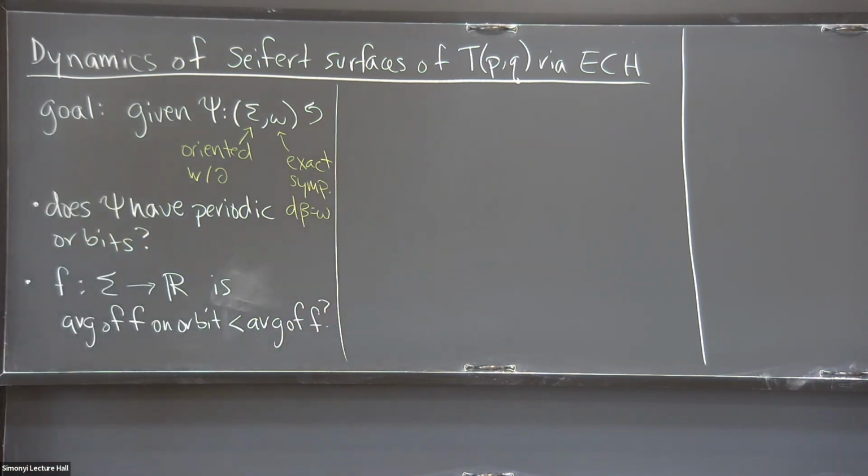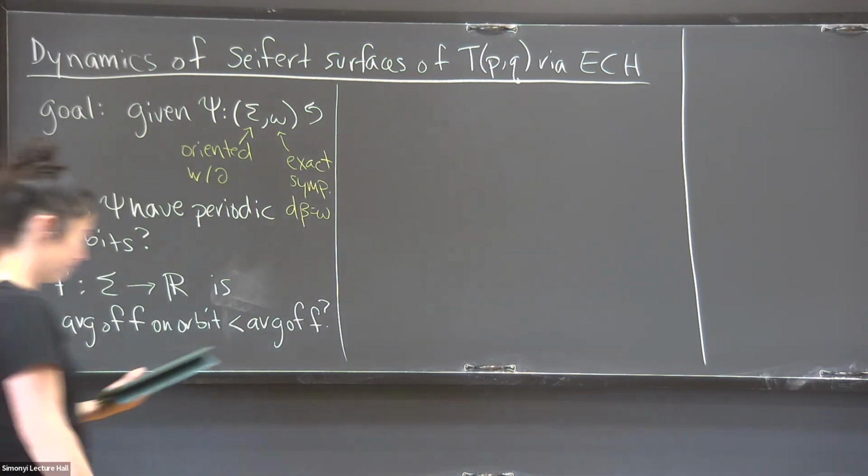That's a natural question I can ask about any function on any set with any bijection, but specifically ECH is well equipped to answer this question when f is this thing called the action function.